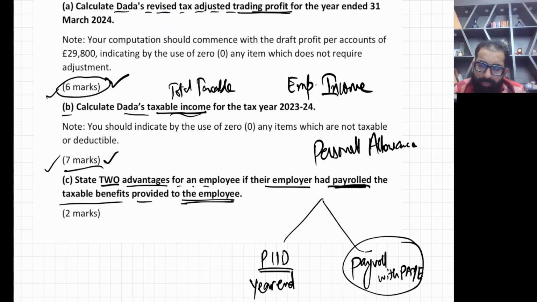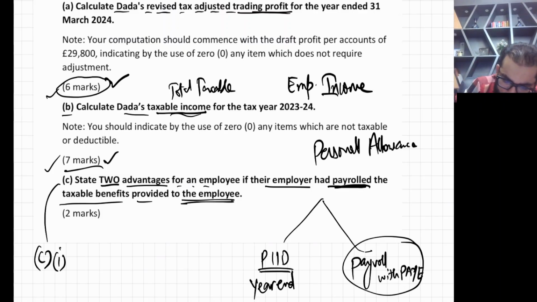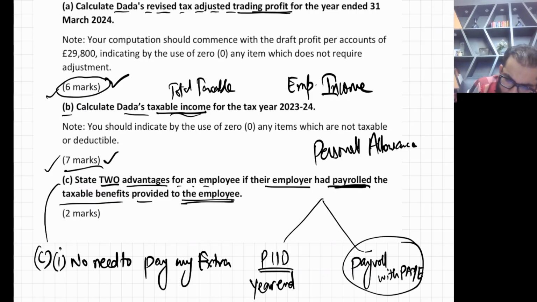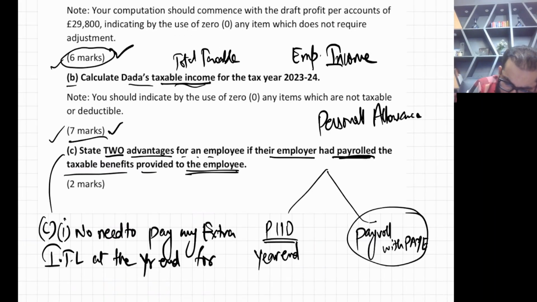The first is no need to pay any extra ITL at the year end for non-cash taxable benefits.